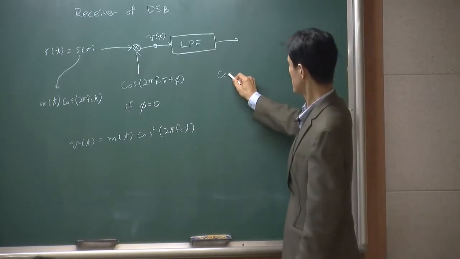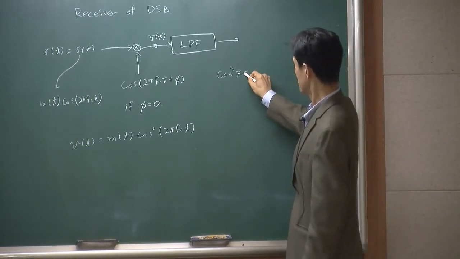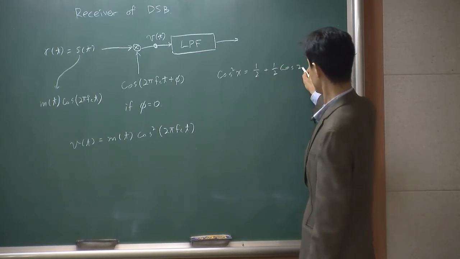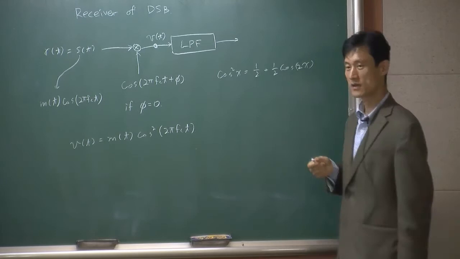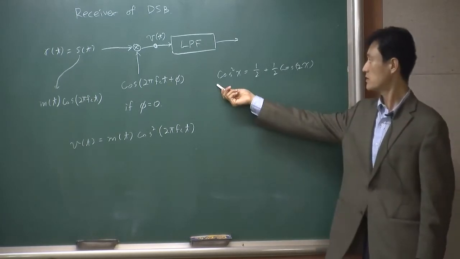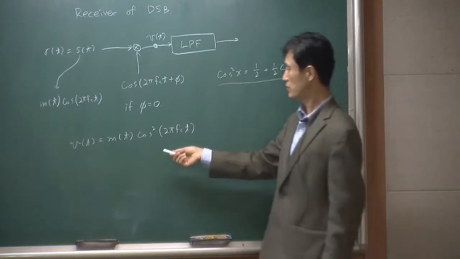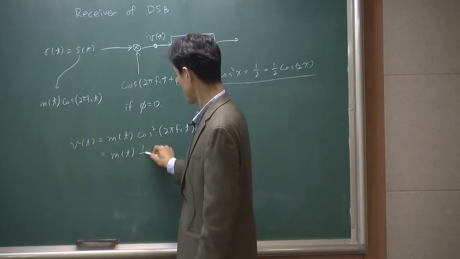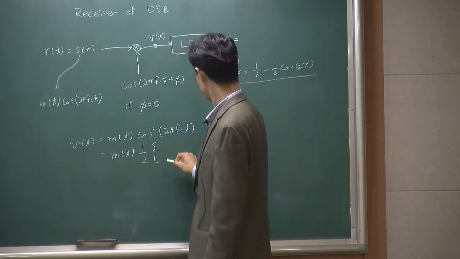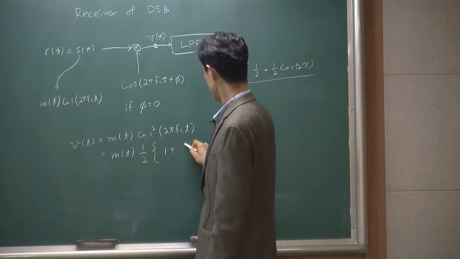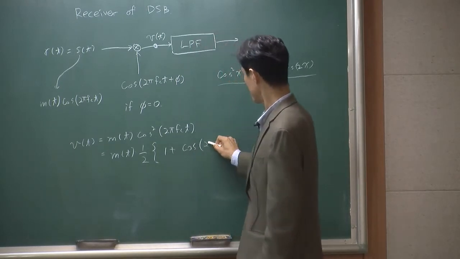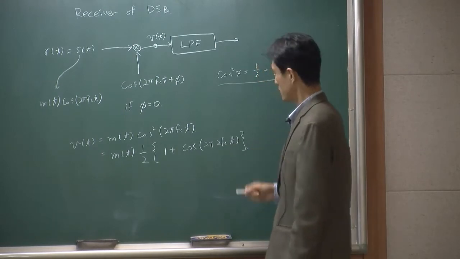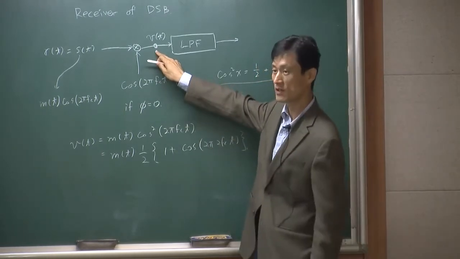And you know that cosine squared x equals half plus half cosine 2x. Based on this identity, you can change this into m(t) times one half times 1 plus cosine 2 pi 2 f_c t. That's what you have here in v(t).